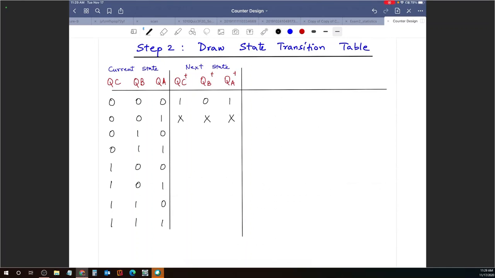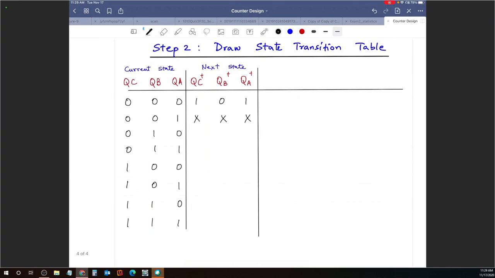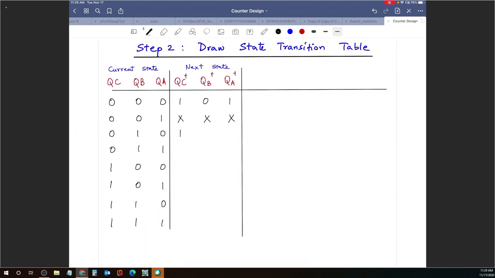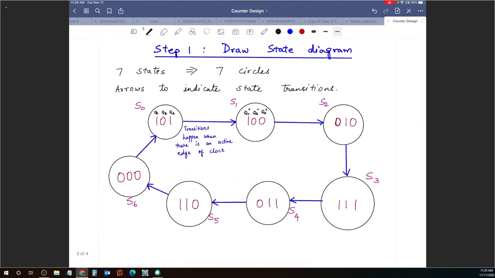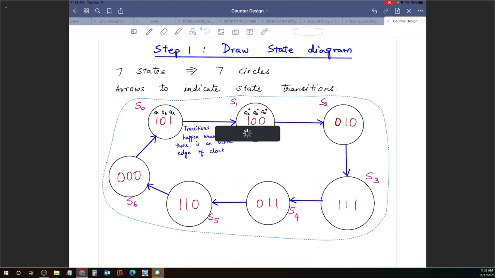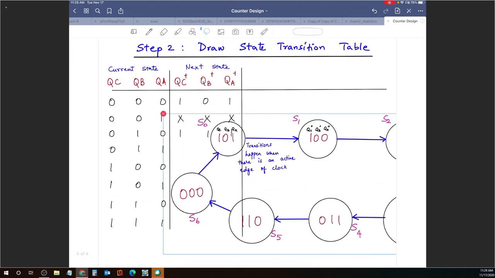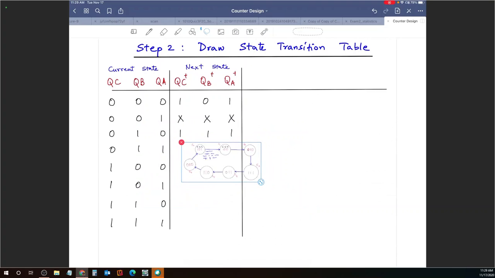What comes after 2? After 2, we have 7. 1 1 1. And after 3, you guys know this. I'm just going to copy this and paste it over there. And make it really small. I think that should do it.